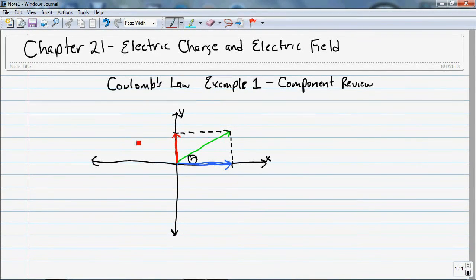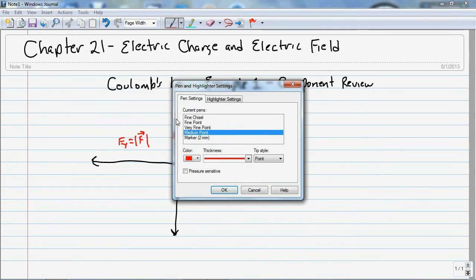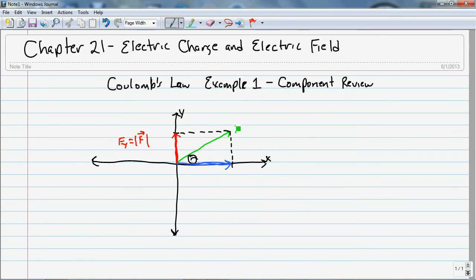So this magnitude in the y direction, Fy, is equal to our magnitude of the F vector. And the F vector, we're meaning this guy over here.